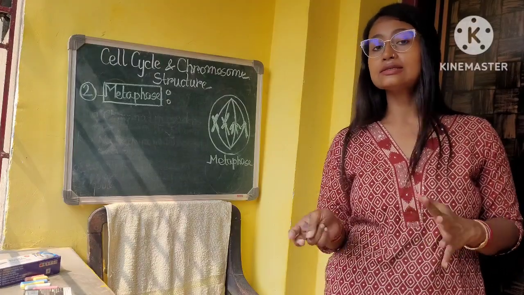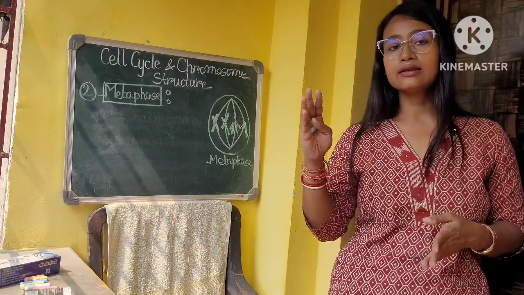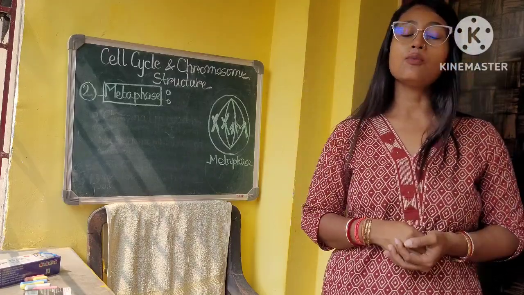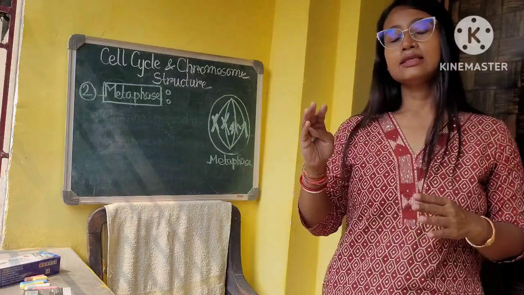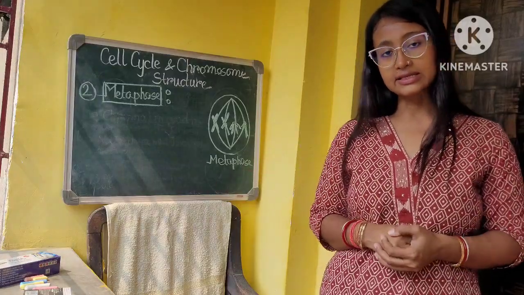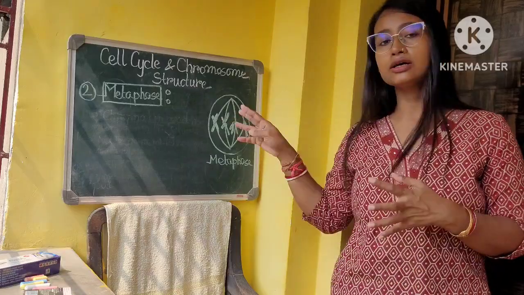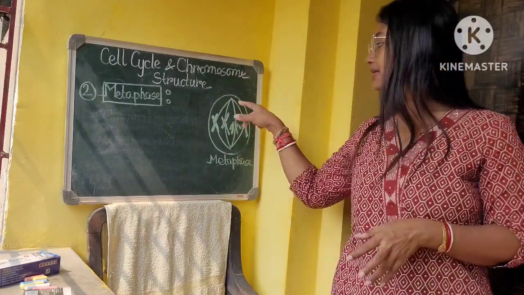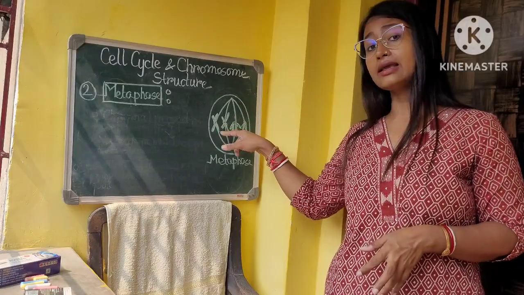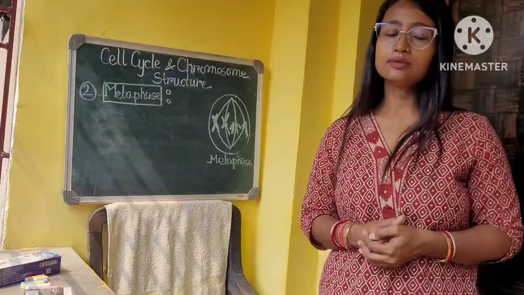As we discussed earlier in prophase, the centriole gets divided and moves towards the opposite poles of the cell. In metaphase, this movement is completed, and these fibers generated from the centrioles at the opposite poles get attached to the chromosomes in the equator portion.